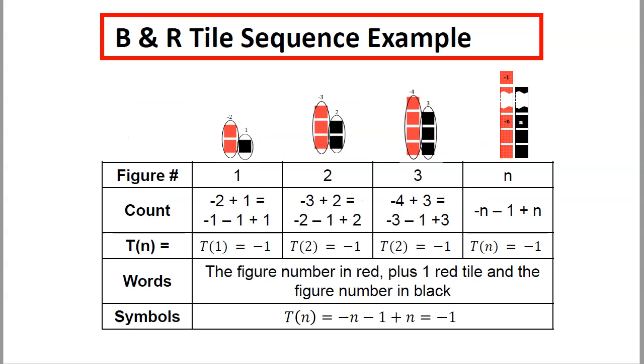So here's our picture, and you can see that the red tiles grow by 1 each figure, and the black tiles grow by 1 on each figure. In words, we can describe this as the figure number in red plus 1 red tile and the figure number in black. Then symbolically, we can describe this as t of n equals negative n minus 1 plus n. Of course, that reduces to negative 1, but if we represented this tile sequence with just one red tile, we wouldn't be capturing the pattern.